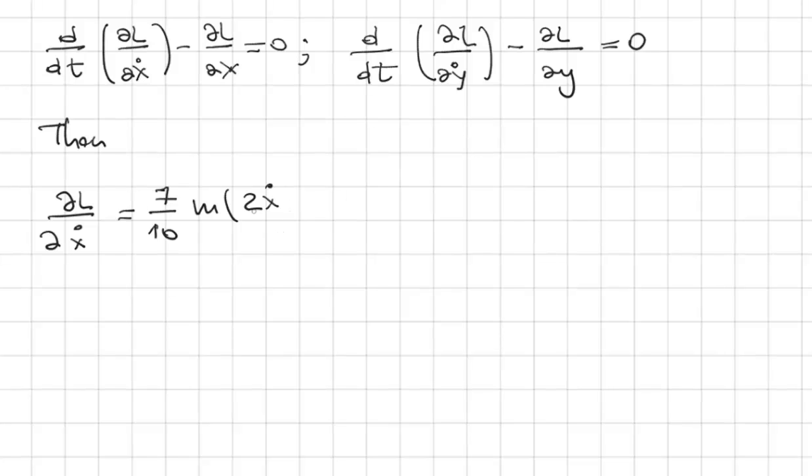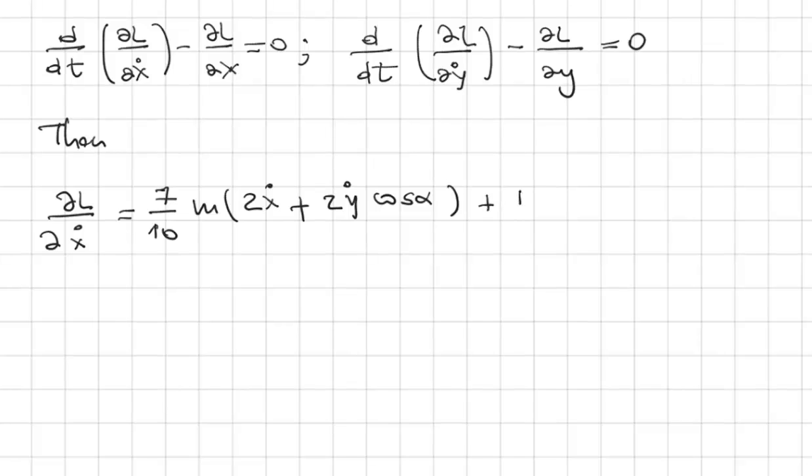And the derivative of y dot squared is going to be 0. Then the derivative of 2x dot y dot is going to be 2 y dot cosine of alpha, plus the derivative of the term containing the two masses and x dot squared.